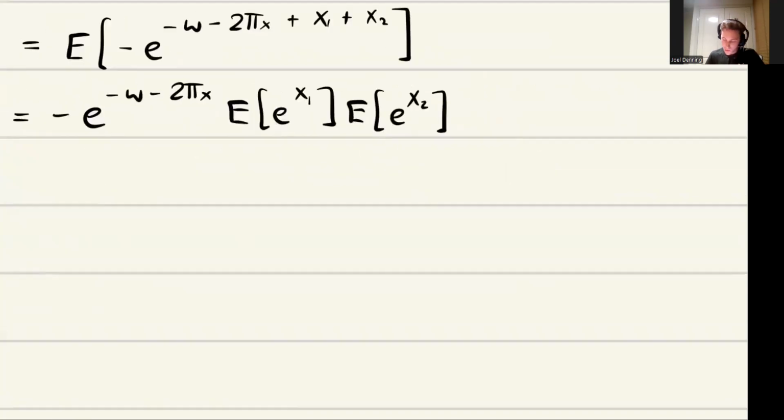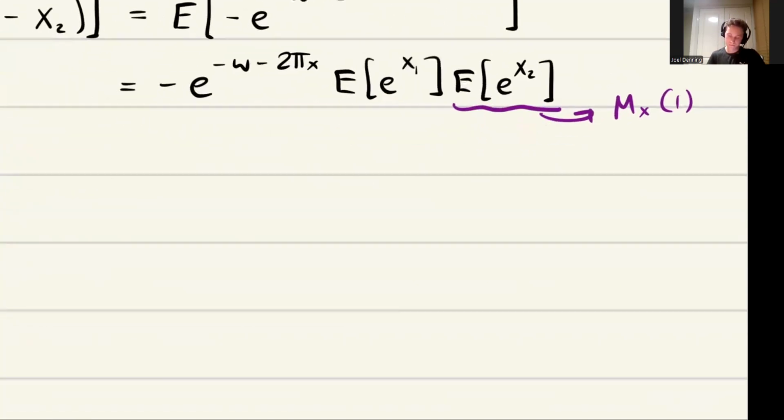And the nice thing we'll note about this is this expression for both of them is just the MGF evaluated at 1. And since, again, x1 and x2 are identical, these expressions are going to be the exact same.